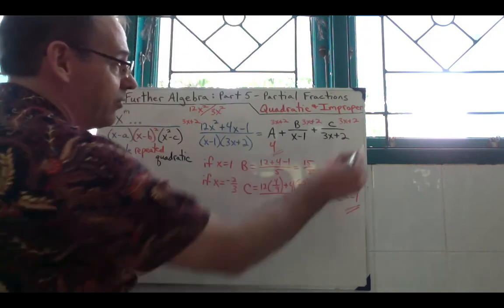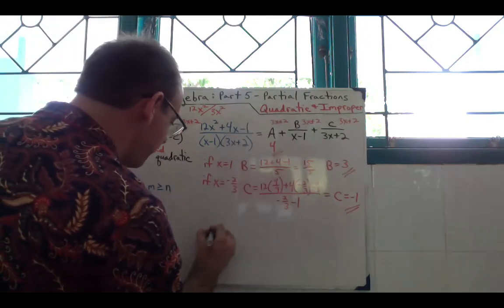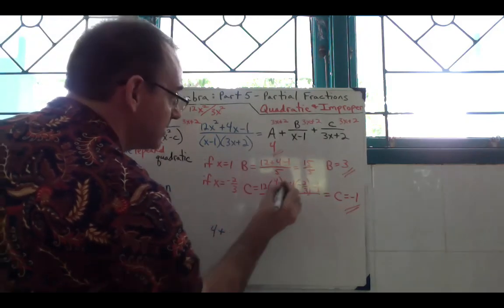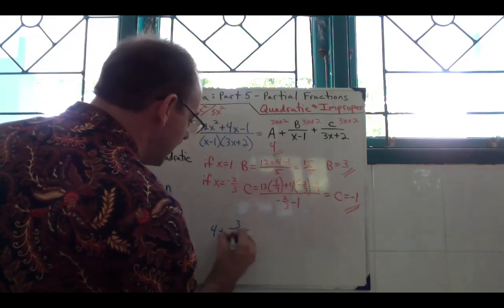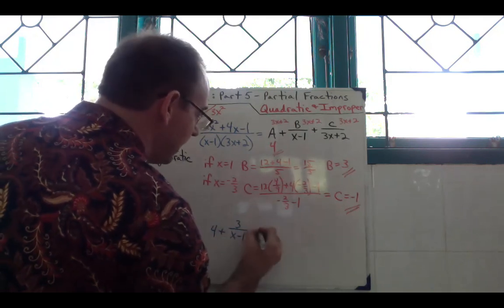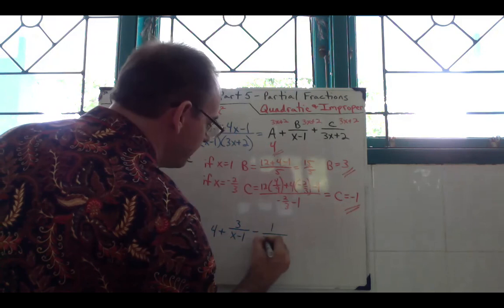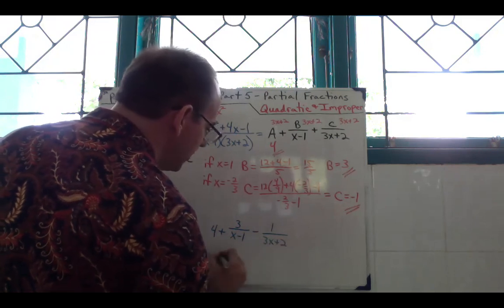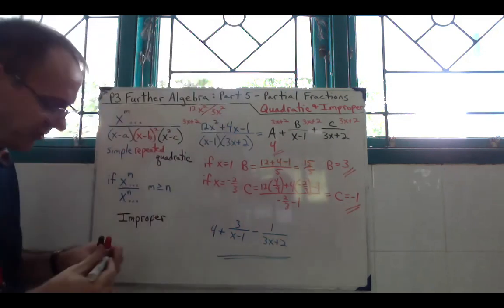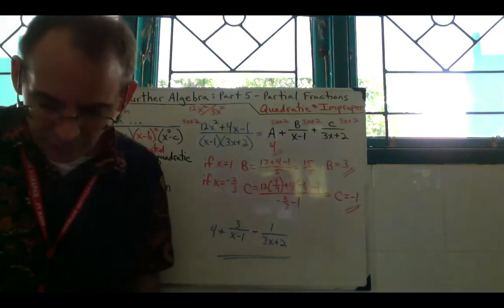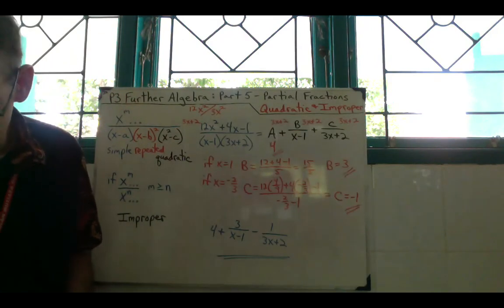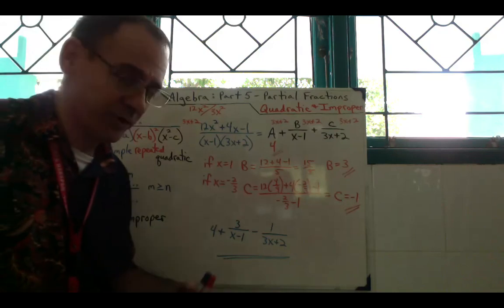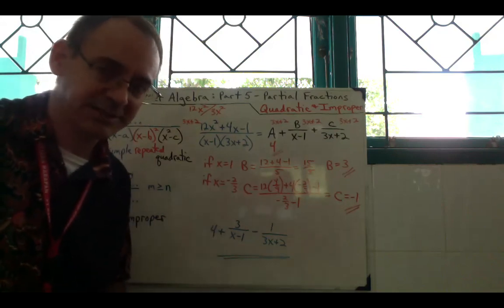So when you write out the whole thing, you have 4 plus 3 over x minus 1 minus a 1 over 3x plus 2. This is your overall answer that's going to carry forward into the next part, or the follow-up question after this.